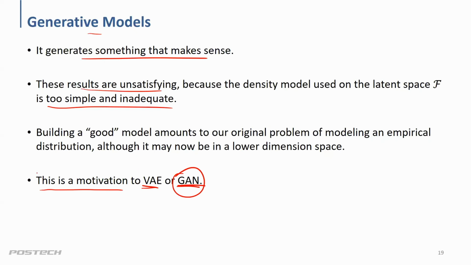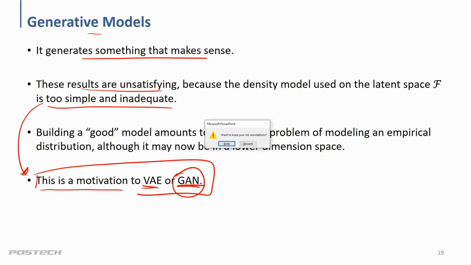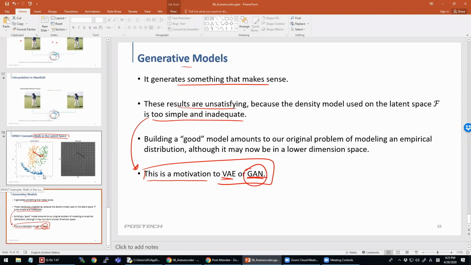So this will be the motivation, but conceptually, the autoencoder is good enough to understand dimensional reduction and generative models. That's all the materials that I have related to autoencoders.